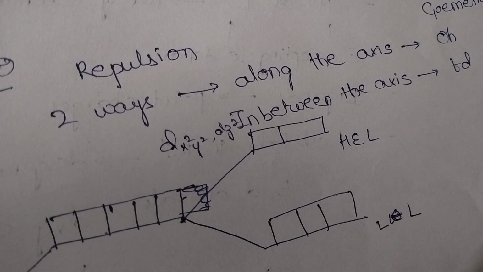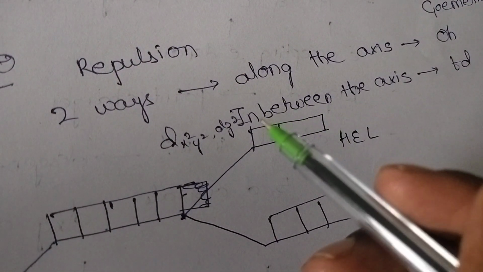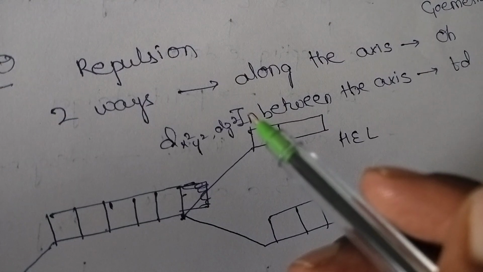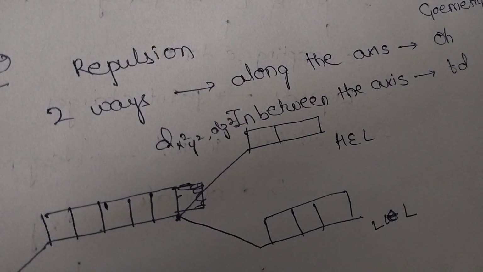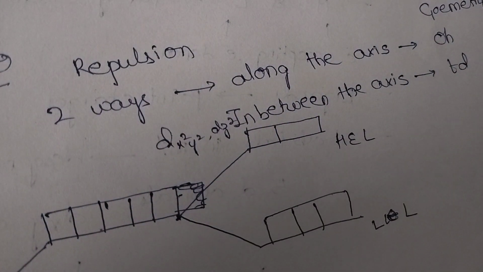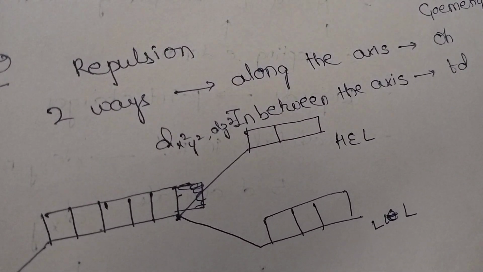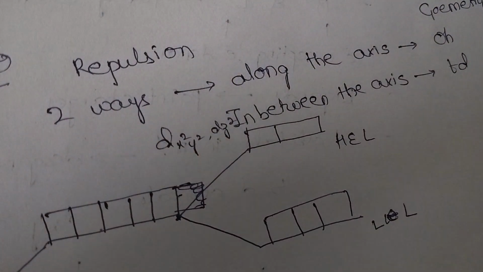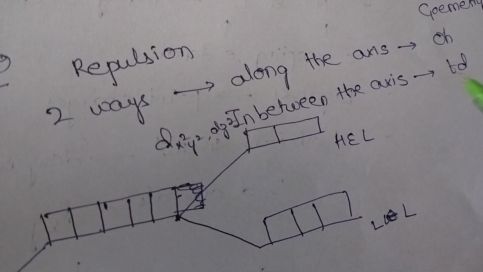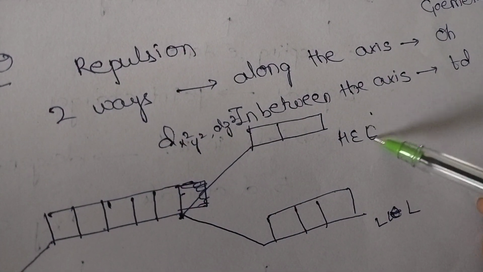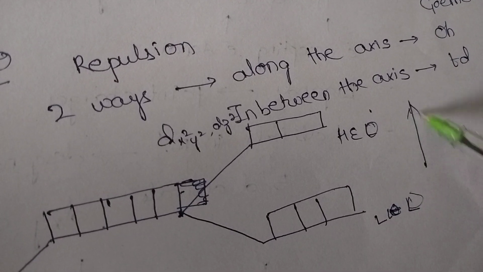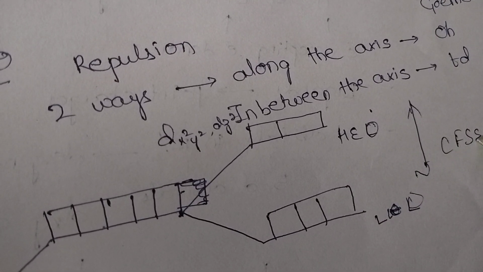This splitting of d orbitals into two categories is known as crystal field splitting. What are the two categories? Higher energy orbitals and lower energy orbitals. The energy difference between the higher energy orbitals and lower energy orbitals is known as crystal field stabilization energy.